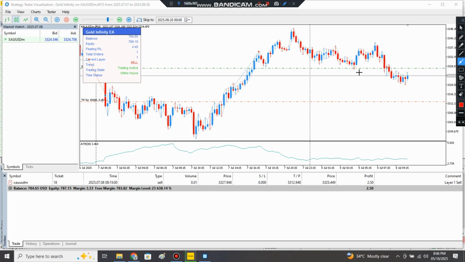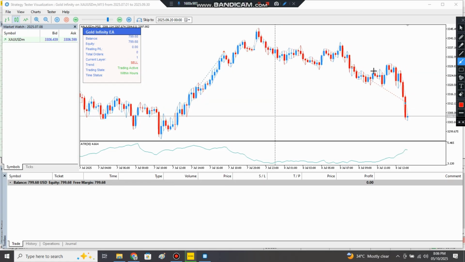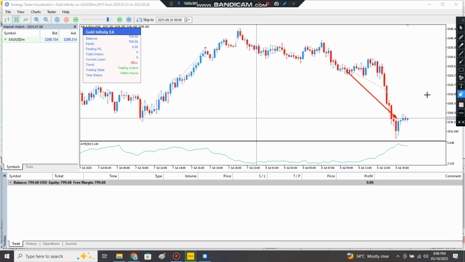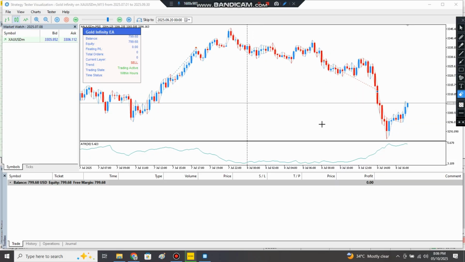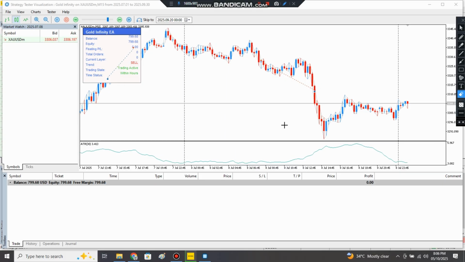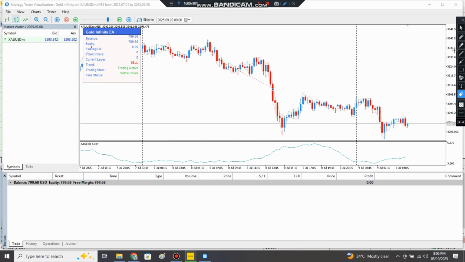When we say Gold Infinity EA is transparent, we mean it. When we say it is accurate, we prove it. When we say it works, we back it with real tick evidence. Gold Infinity EA is not a showpiece. It is a precision trading engine built to deliver real results.